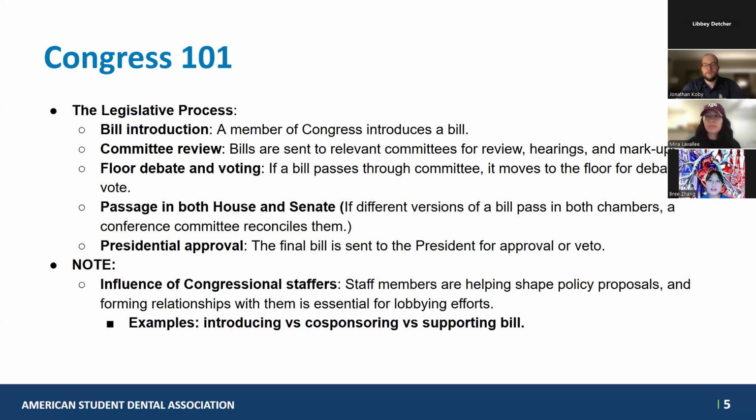You can also ask a legislator to co-sponsor a bill if it has already been introduced and you need supporters on the bill to get momentum. You can also ask a legislator to support a bill. Sometimes in committees or hearings, there's a vote. And so you can ask your legislators to please vote on this issue. So it really depends on what stage a bill is in the process of what you will ask your staffer and legislator.